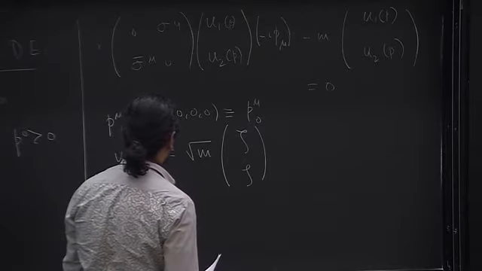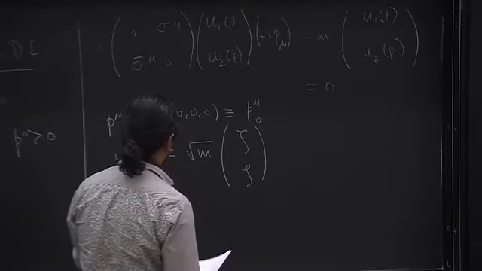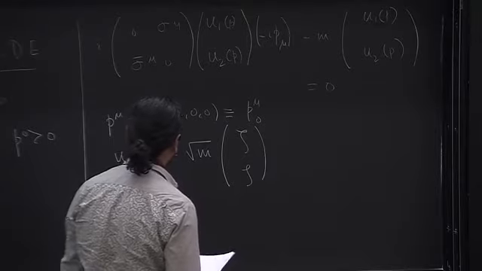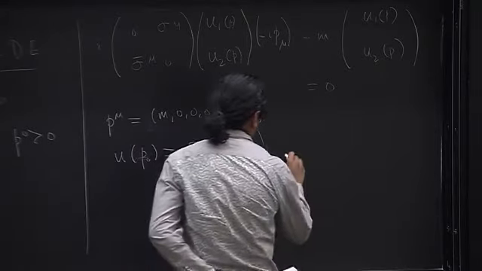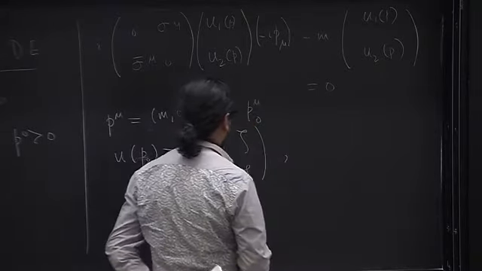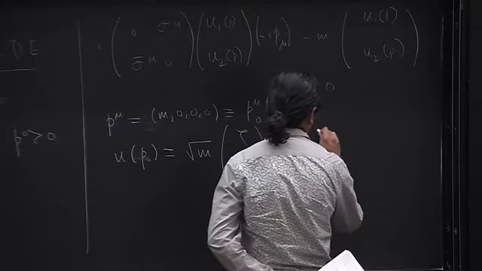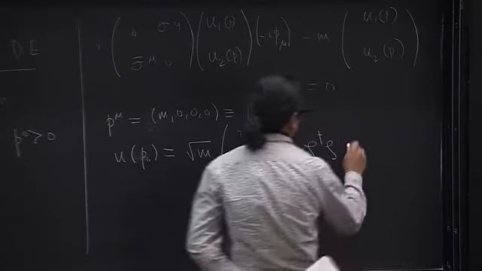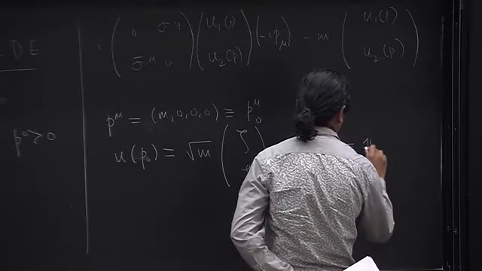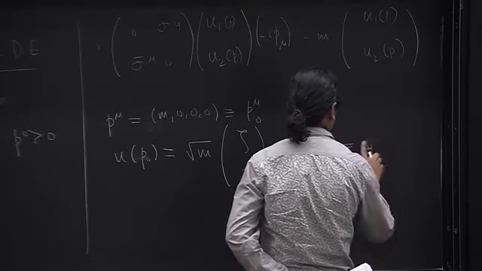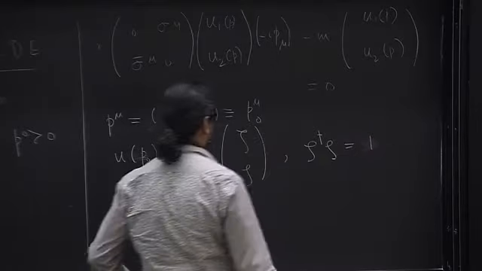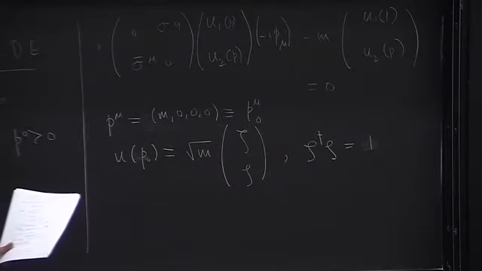This normalization will allow us to have a relativistically invariant normalization, we shall see. And the zeta are 2-component spinors, constant, which satisfy this. Actually, it's just one. It's not a matrix. Okay?